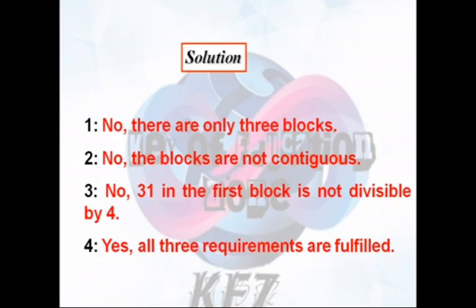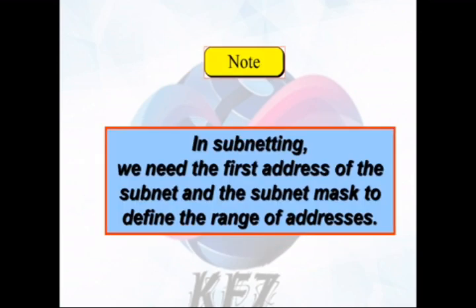So what will be the solution? No, there are only 3 blocks. No, the blocks are not contiguous, and 31 of the first block is not divisible by 4. Yes, that is the way you can find out.